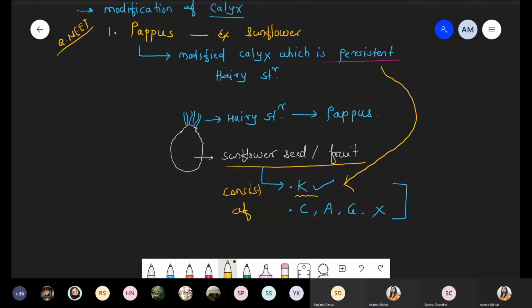But corolla, C for corolla, A for androecium, G for gynoecium, this part is totally absent. Okay, so cross means absent, tick means present. Got it? Thank you. Got it? Okay.